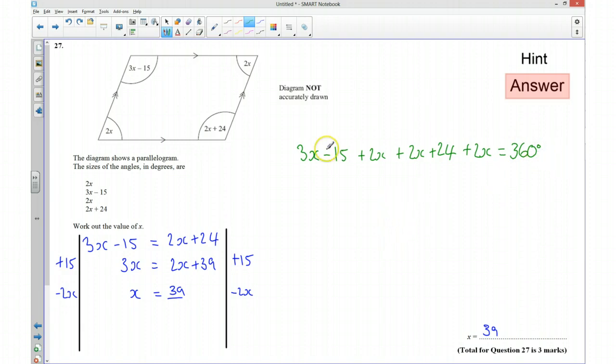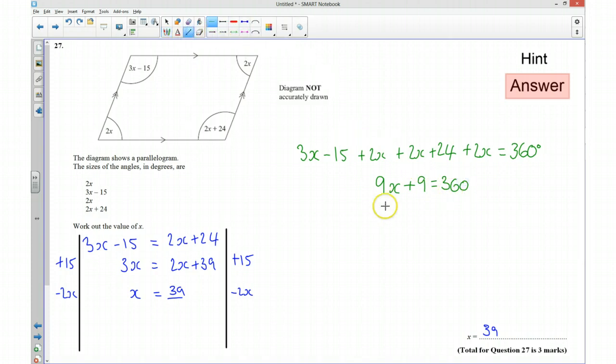Now I'm going to simplify this first, because I've got 3x and 2x and 2x and 2x, so altogether that's going to be 9x. And I've got a take away 15 here and a plus 24 here, so altogether that's going to be plus 9. And that's equal to 360.